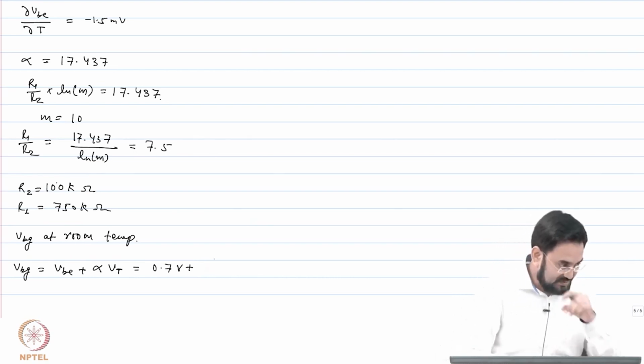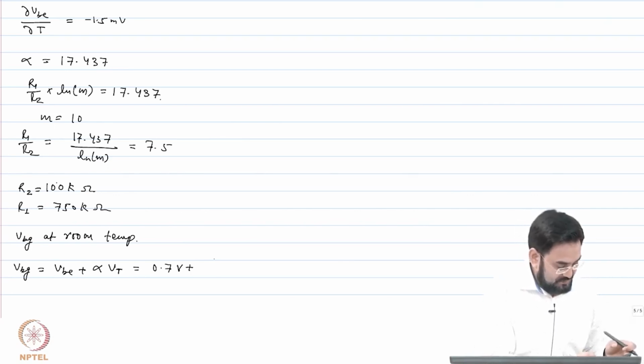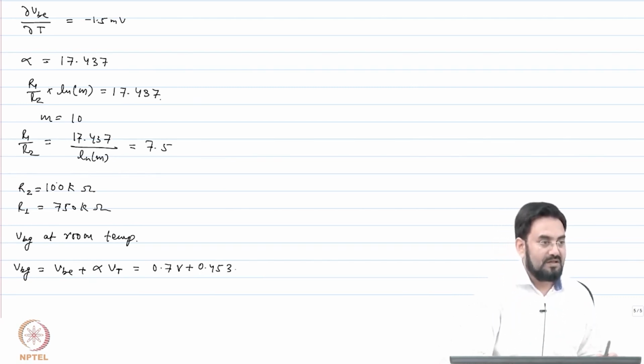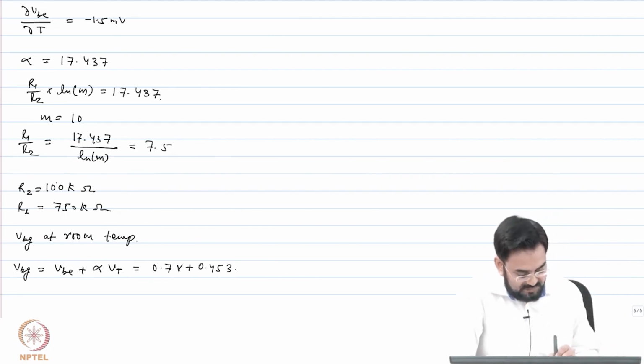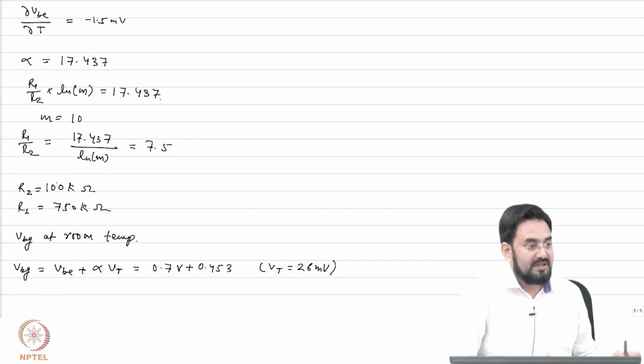No, that's not correct. 0.453, okay. Alpha VT, because VT at room temperature is 26 millivolt.